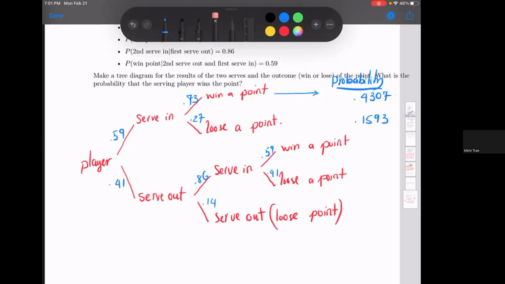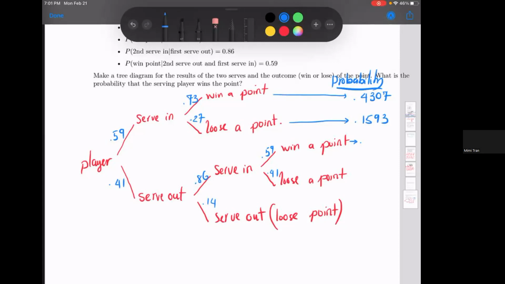Let me make the arrow a little longer. And then this one. Everybody check, okay? Just make sure we have the same answer.